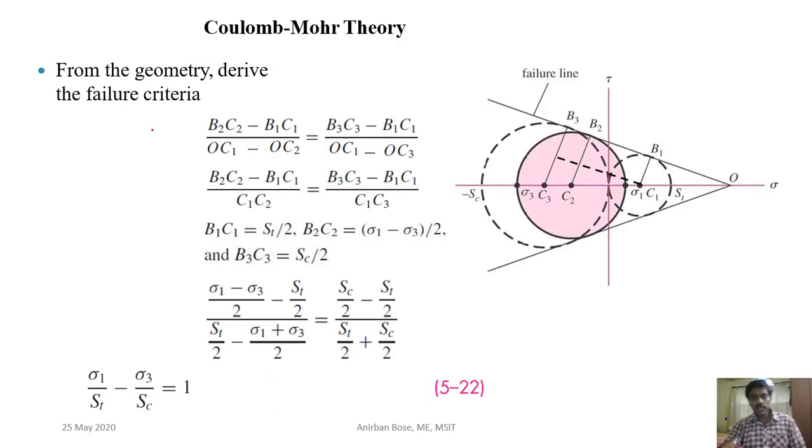Now, according to this theory, let us consider a particular state of stress that is just on the verge of failure, and the corresponding Mohr circle is, say, this dark shaded circle, whose center is C2 and radius is C2B2.